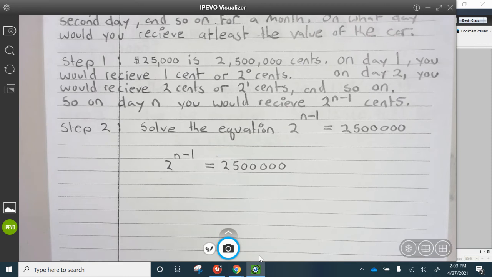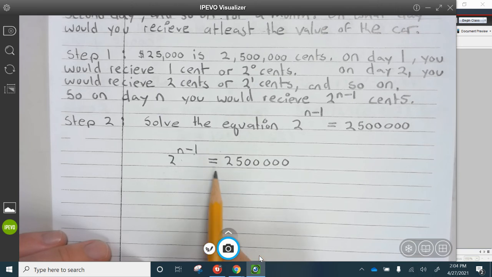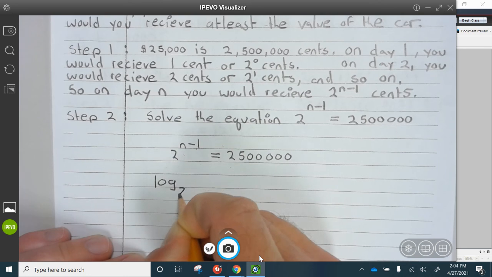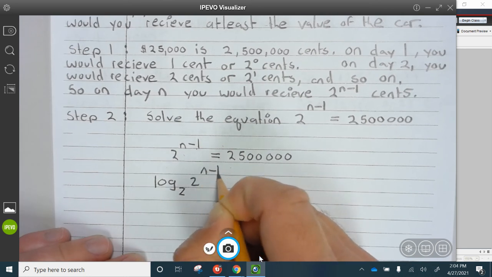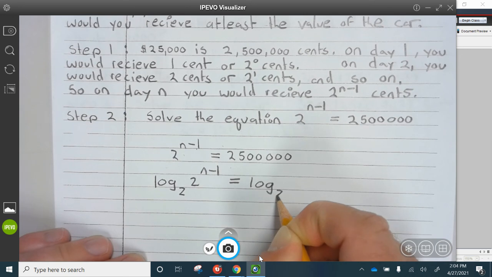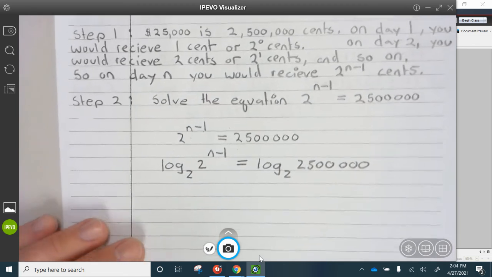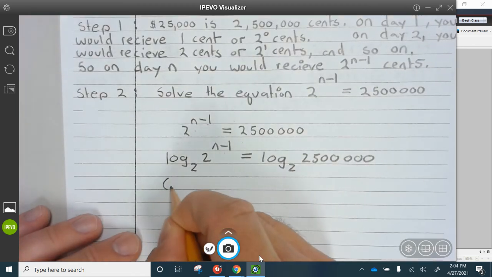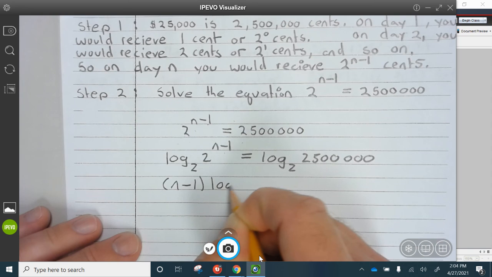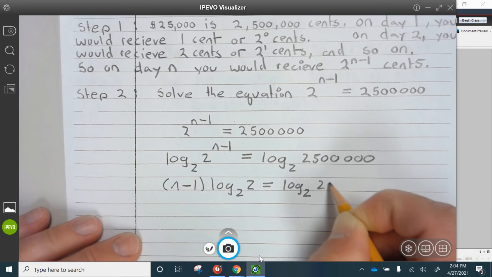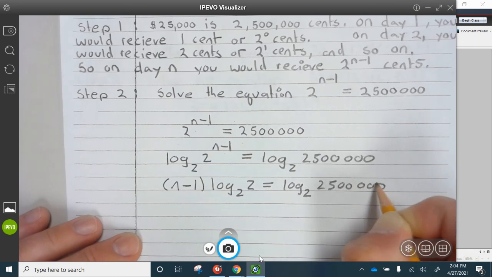Step 2, solve the equation 2 to the n minus 1 equals 2,500,000 cents. We need to start by taking log base 2 of both sides. Okay, so the n minus 1 comes to the front, so that's n minus 1 times log base 2 of 2 equals log base 2 of 2,500,000.